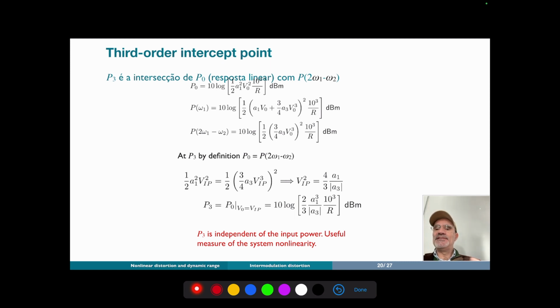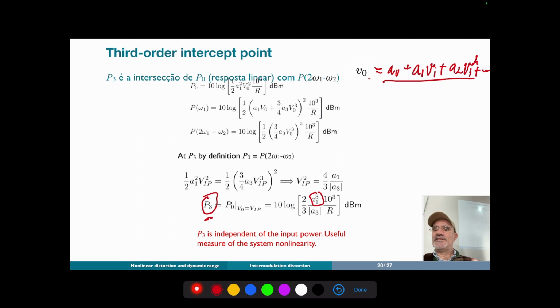If we try to obtain the value of P3 as a function of the coefficients, assuming that we have V out equals A0 plus A1 Vi plus A2 Vi squared and so on. Okay, assuming this nonlinear expansion, we can obtain P3 as a function of the parameters.